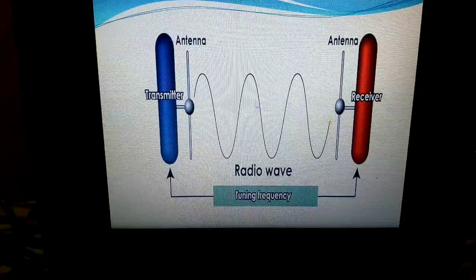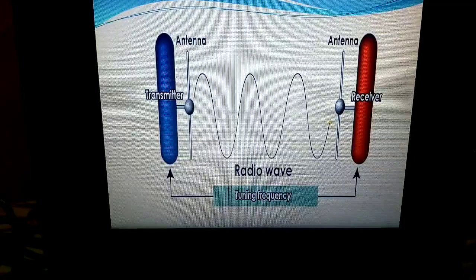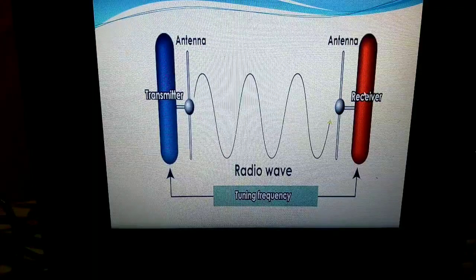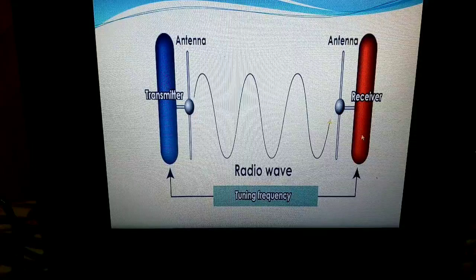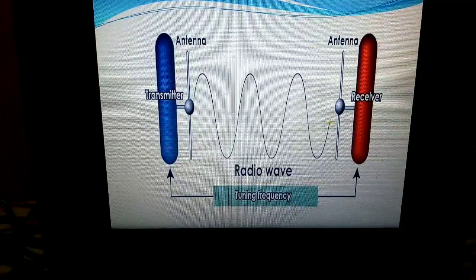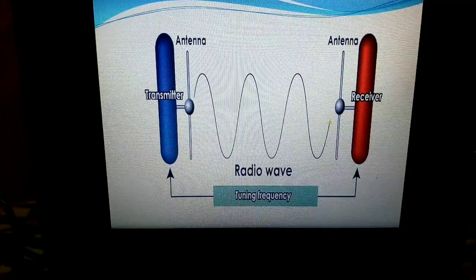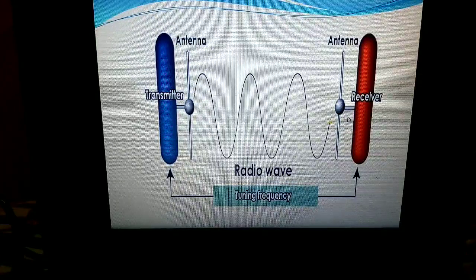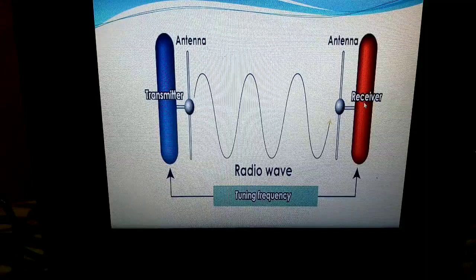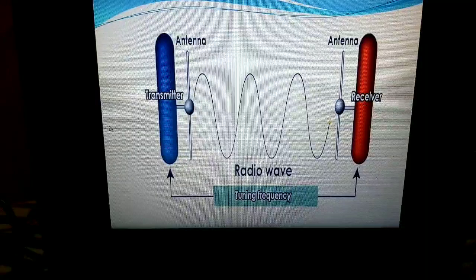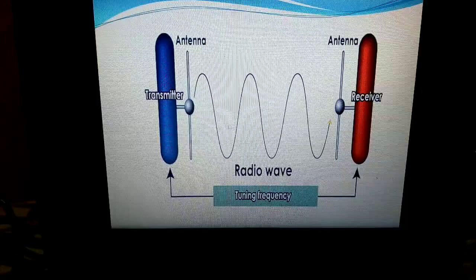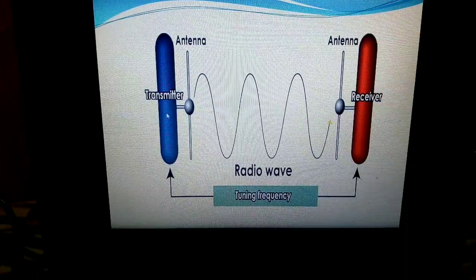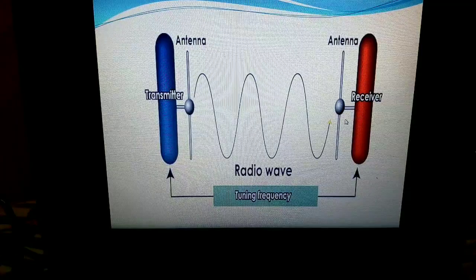The receiver at the other end receives the radio waves and decodes the message from the sine wave it receives. Again your original data in the form of zeros and ones will be received by this receiver, and both the transmitter and the receiver use antennas to radiate and capture the radio signals. This transmitter is an antenna, and this receiver is again an antenna.